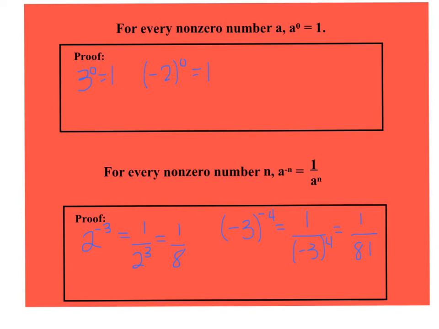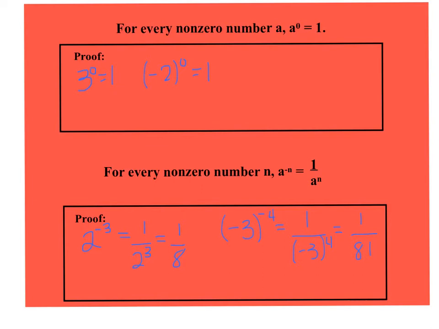Once it moves to the denominator of the fraction, the base just comes with it, and that exponent automatically becomes a positive. So our example is 2 to the negative third, which could then be written as 1 over 2 to the positive third power, which simplifies to 1 over 8.